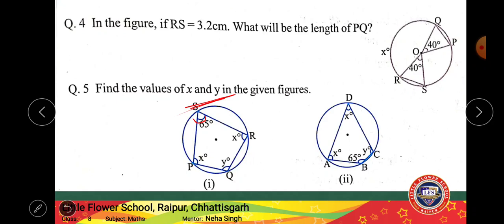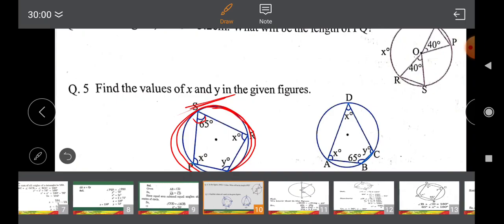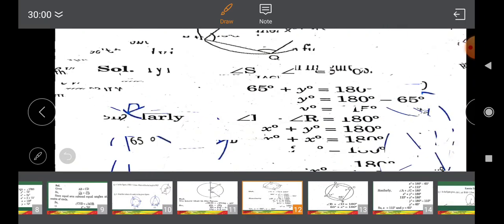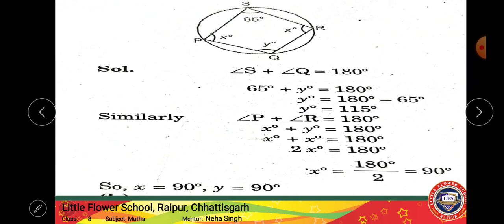Whenever a quadrilateral is inscribed in a circle, inscribed means the quadrilateral is inside the circle, we will call it a cyclic quadrilateral. So in this, angle S will be equal to angle Q. Why?